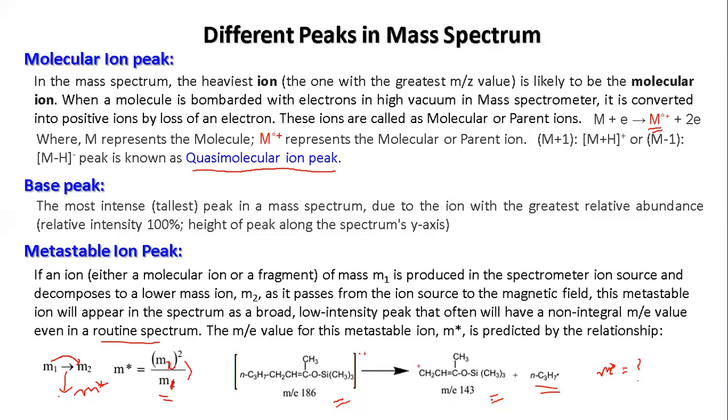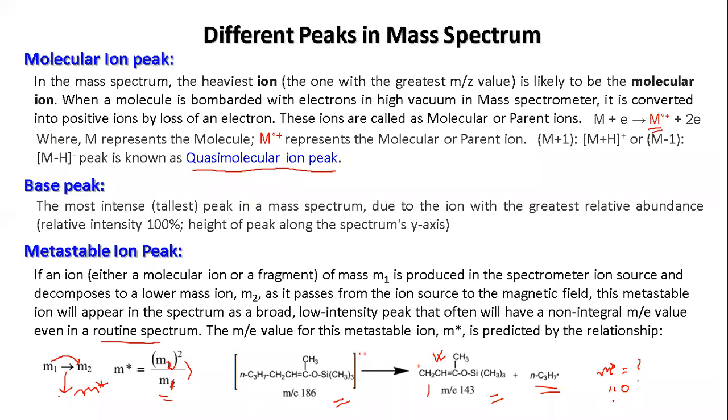Whatever is generated, we call it the daughter ion. So for this daughter ion you have the square, and the parent will be at the bottom. So M2 square by M1, you are getting maybe 110, right?